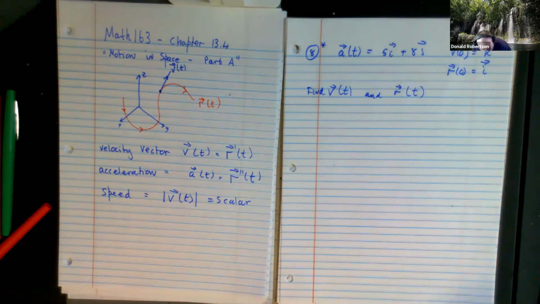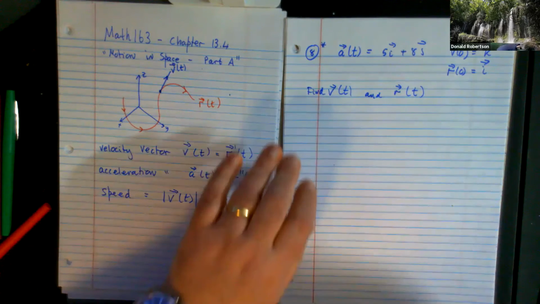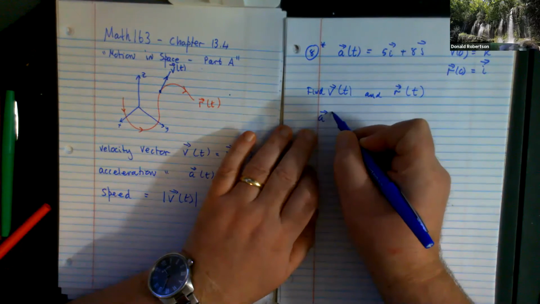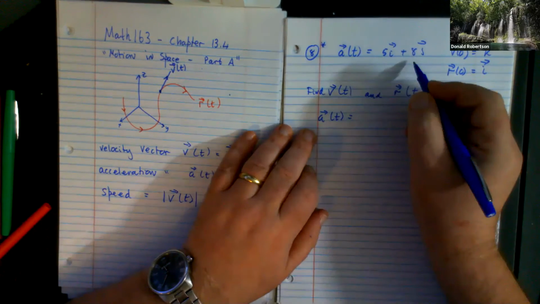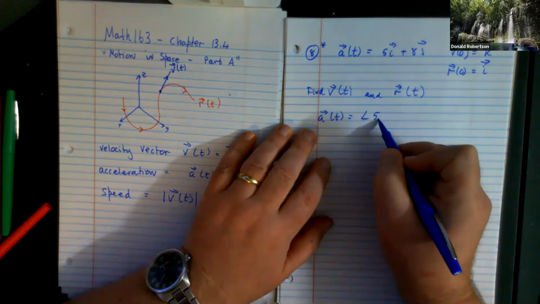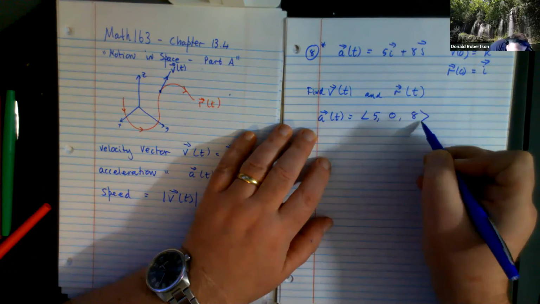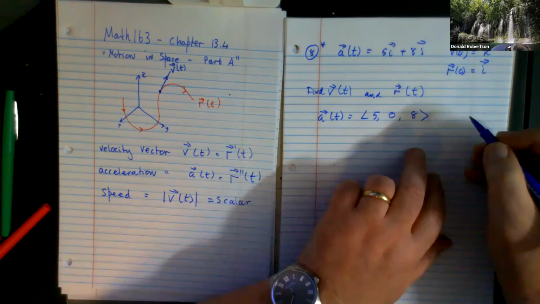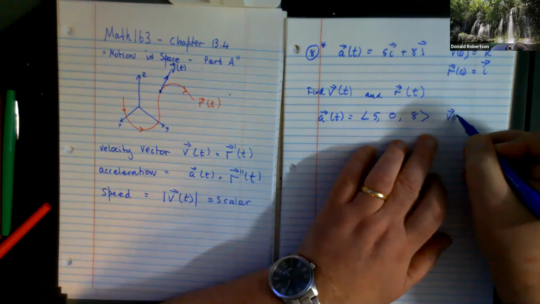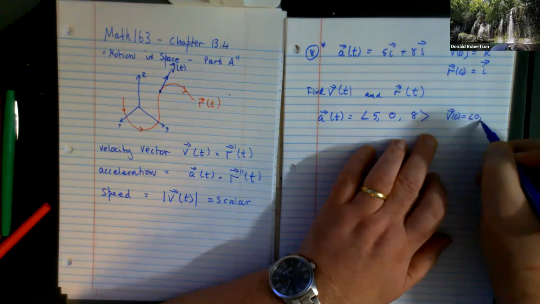Have you noticed that the information is given in the IJK notation, which I personally, as you know, don't like? So this fella here is 5, 0, 8. And the velocity at 0 is 0, 0, 1.